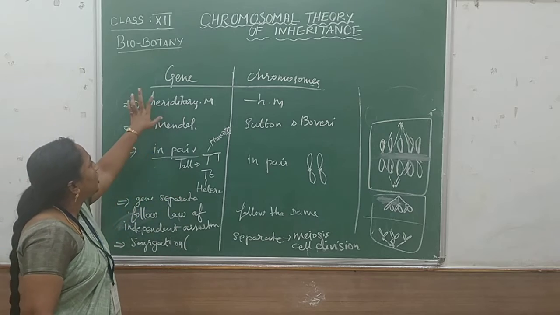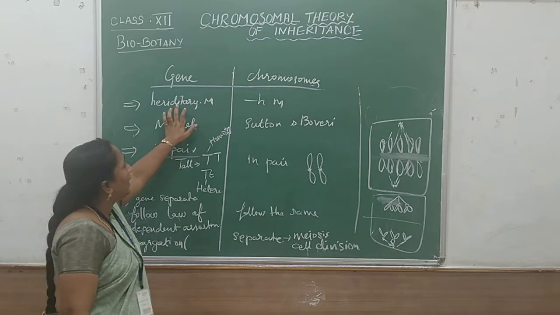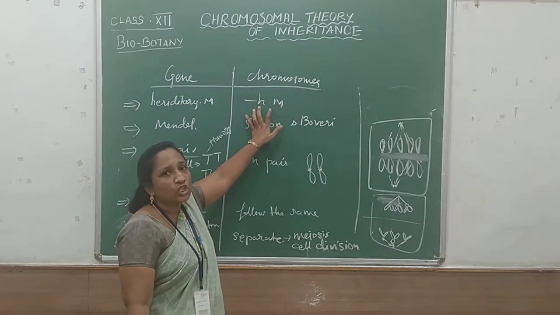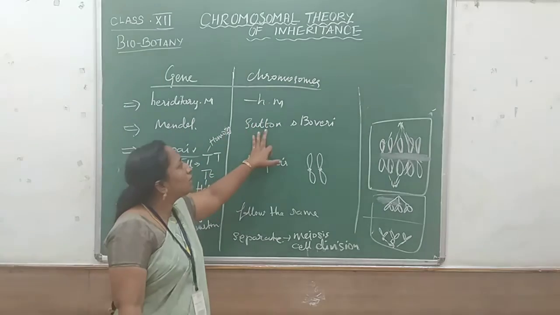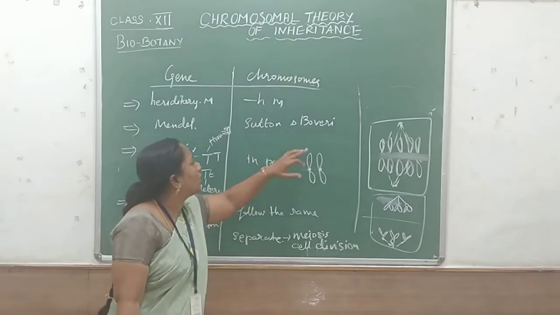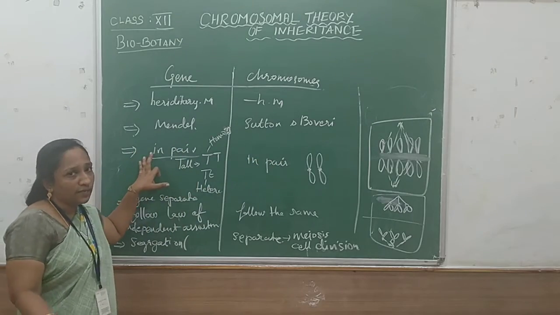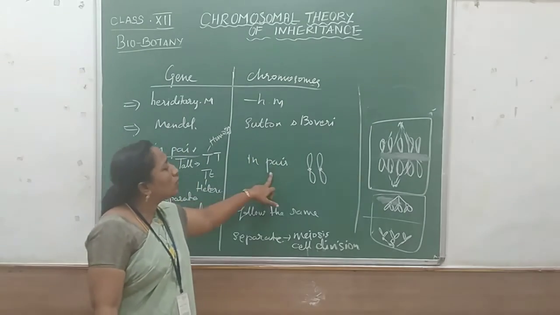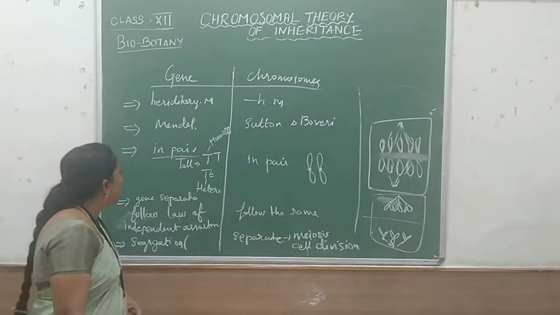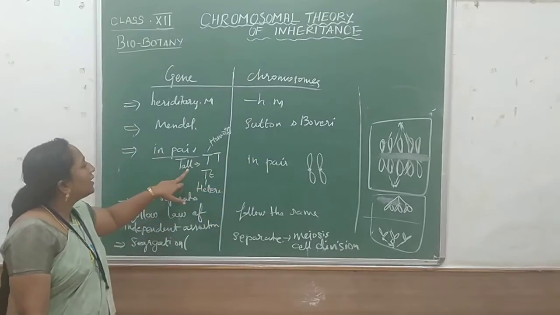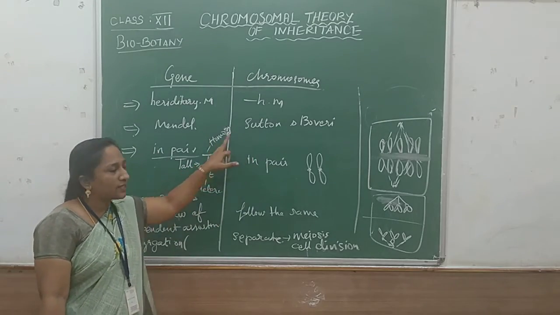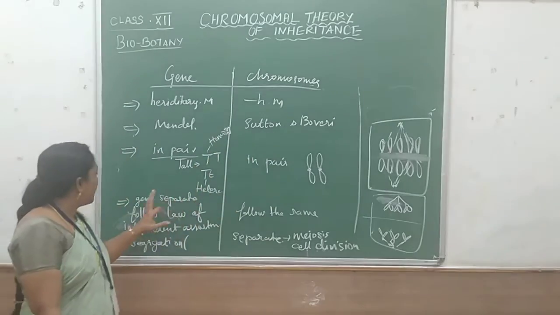So the gene is explained as the genetic hereditary material, and the chromosome is also hereditary material. The gene is explained by Mendel, and the chromosome by Sutton and Boveri, and it is in the form of pairs. Chromosomes are also present in pairs, mostly homologous pairs, that is the same pairs, and it may be a homozygous or heterozygous condition.